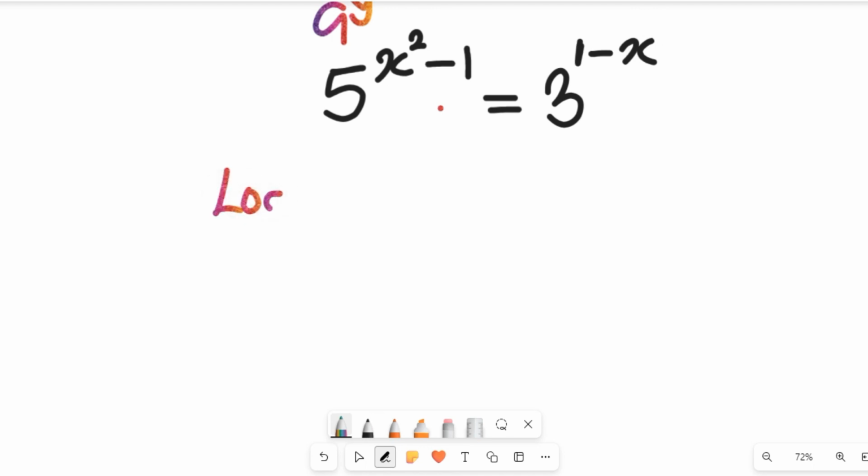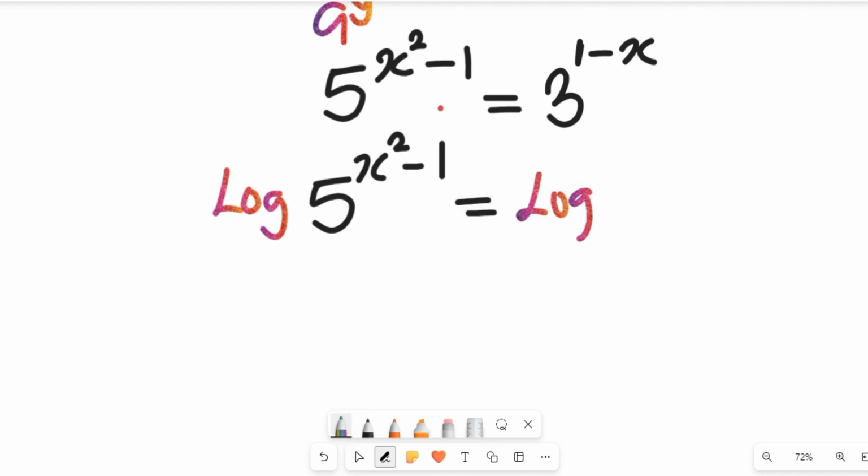We have the log of 5 to the power of x squared minus 1 to base 5 equal to the log of 3 to the power of 1 minus x to base 3.